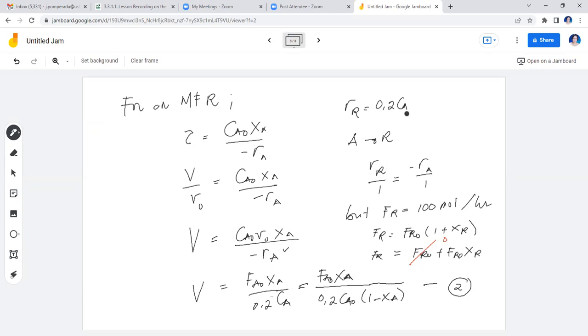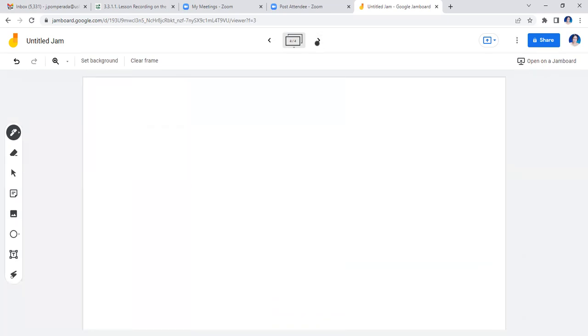It's because if we continue in the next slide, your F sub R then is equal to F sub RO X sub R. In terms of stoichiometry, class, you can write CAO XA over 1 equal to CRO XR over 1, and that could also be translated in terms of molar feed rates.